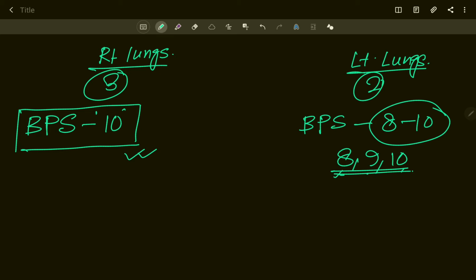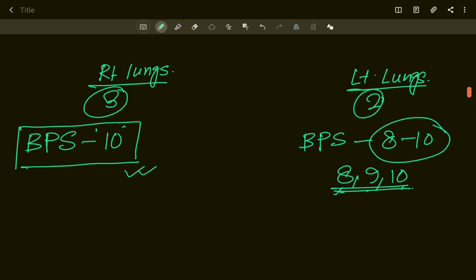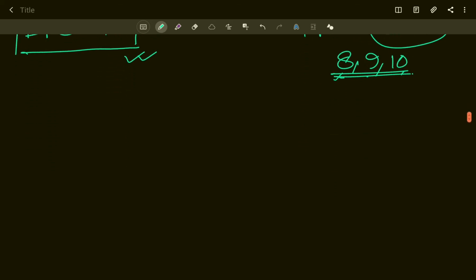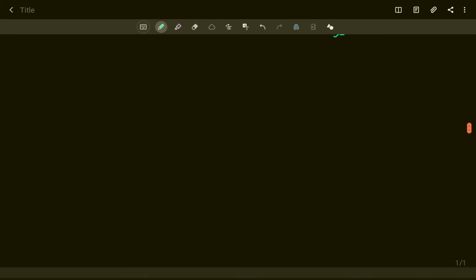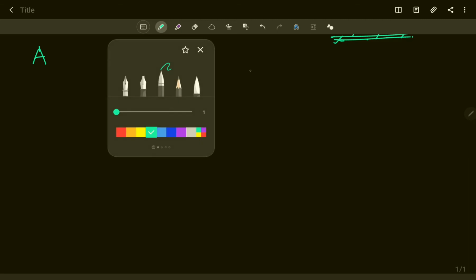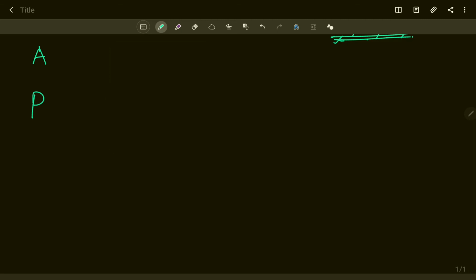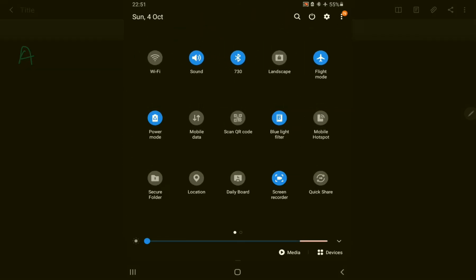Okay, so first I'm going to tell you a mnemonic to memorize the bronchopulmonary segments easily. The mnemonic is A pump, A pump.